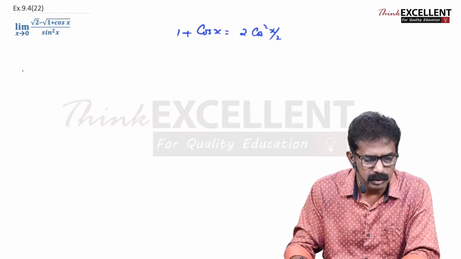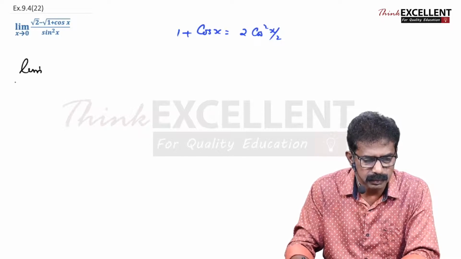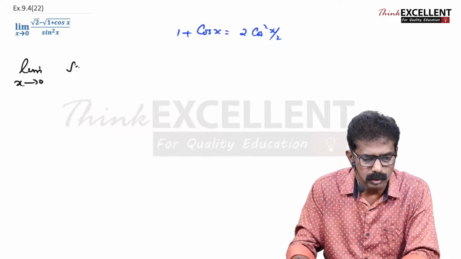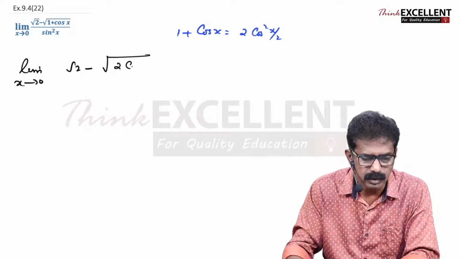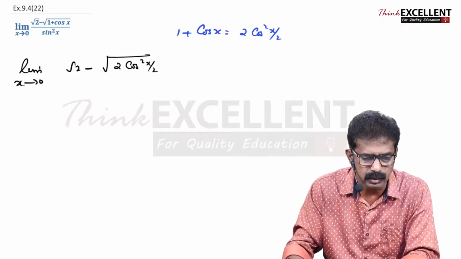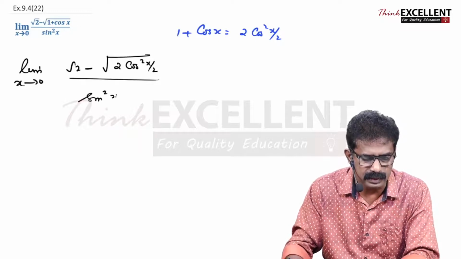So here you can do limit x tends to 0, root 2 minus root of 1 plus cos x, that is 2 cos square x by 2, divided by sin square x.